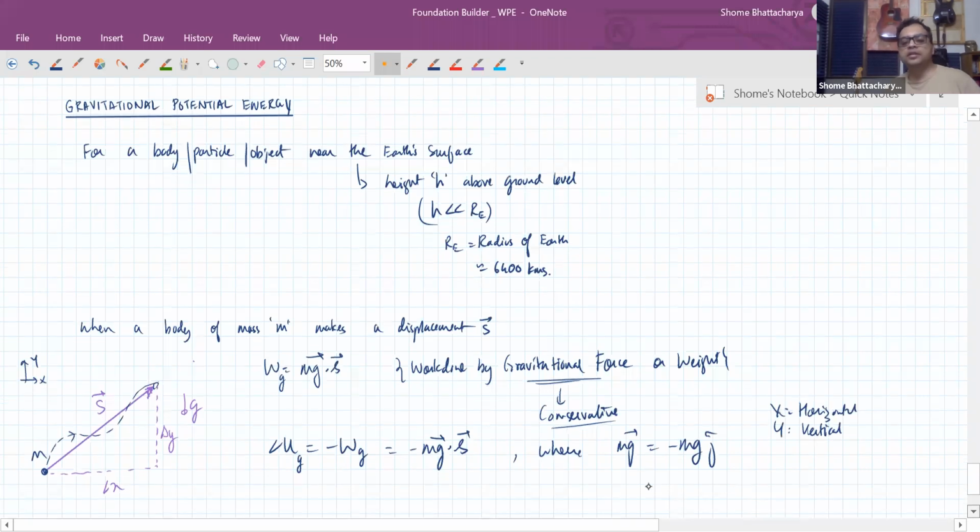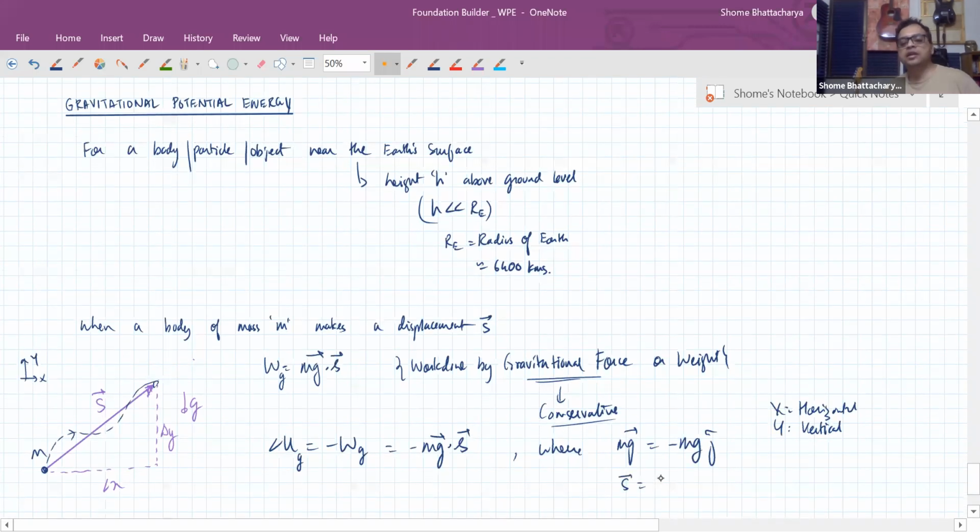And we can take the displacement as delta x i cap plus delta y j cap.